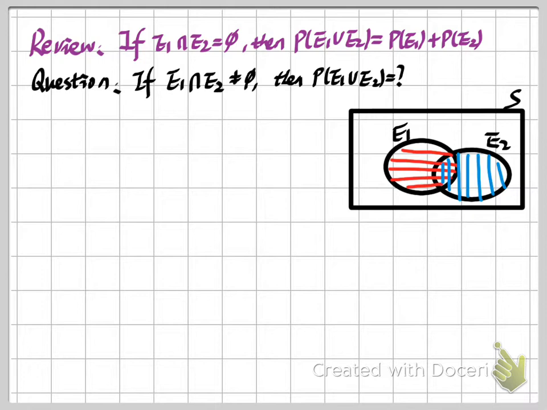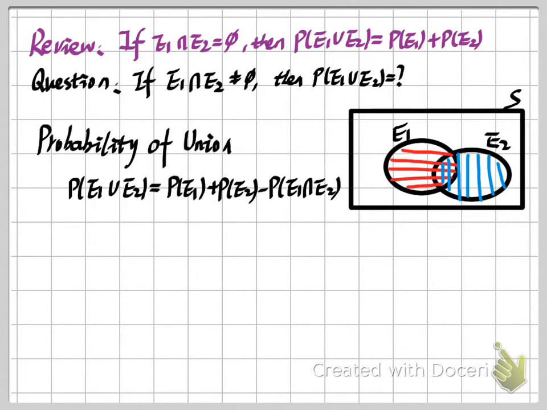For the probability of E1 union E2, when the intersection of E1 and E2 is not an empty set, the idea is really similar. The probability of the union of E1 and E2 is equal to the probability of E1 plus the probability of E2, minus the probability of their intersection. Now in case E1 intersection E2 is an empty set, then we know the probability of the empty set is 0.